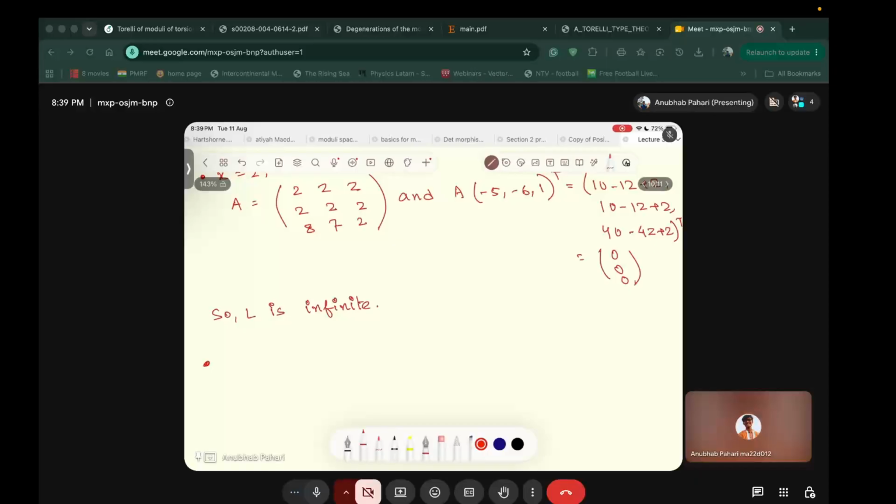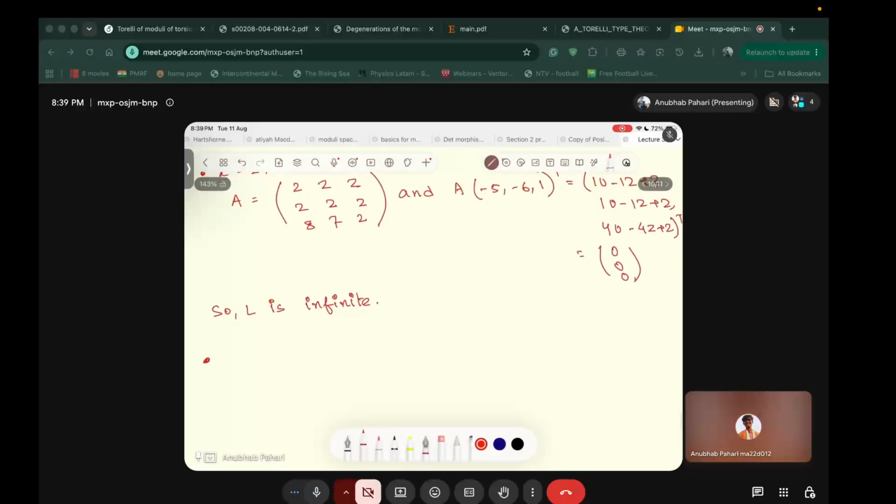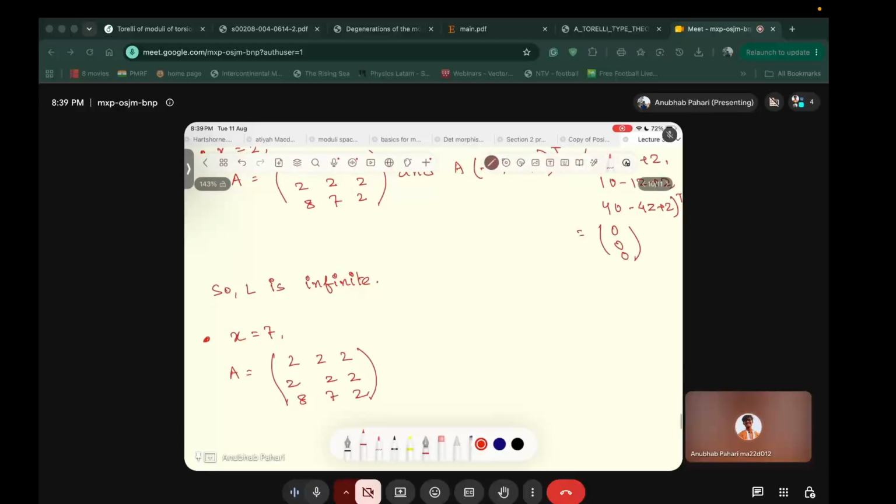Now we have the third case, that is x equals to 7, then A equals 2 2 7, 2 2 7, 8 7 7, and A of (5, -6, 1). So check it yourself. 0, 0, 0.